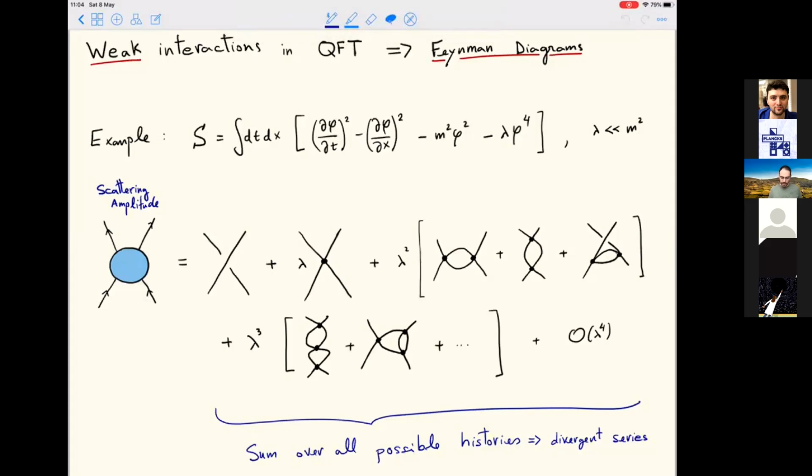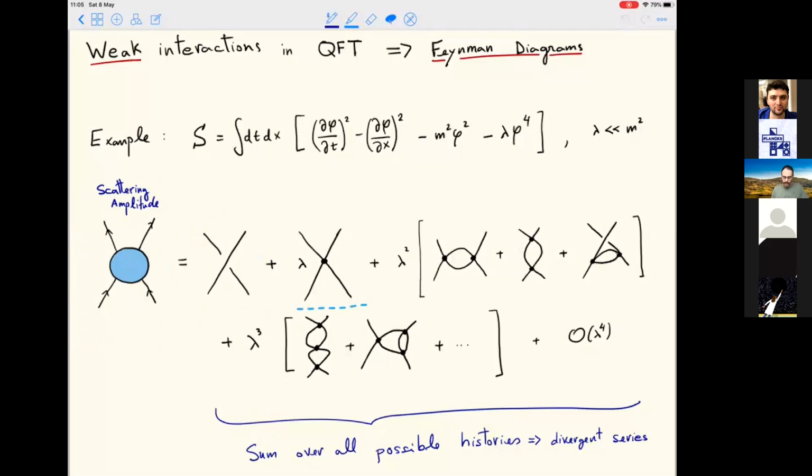So let me just tell you the pictures that you see everywhere. I just want to explain the logic. Suppose you want to compute some specific observable, take a scattering amplitude, like the probability of two particles scattering to two particles at some angle. It's not very important. In the free theory, when lambda is 0, they just go through, they don't interact.